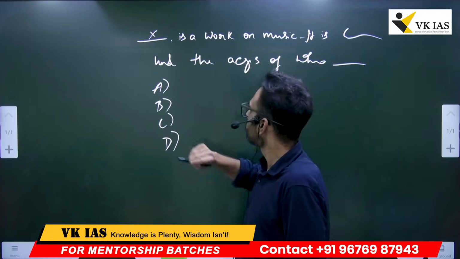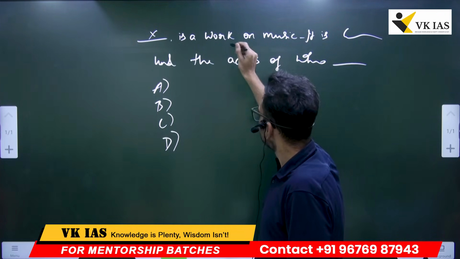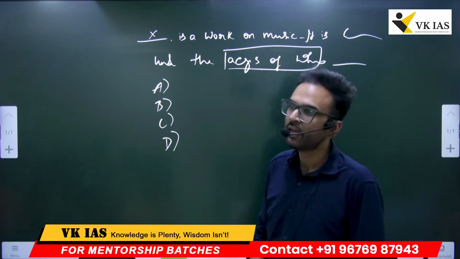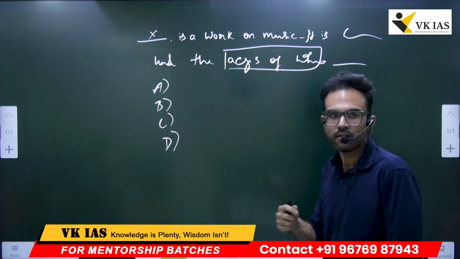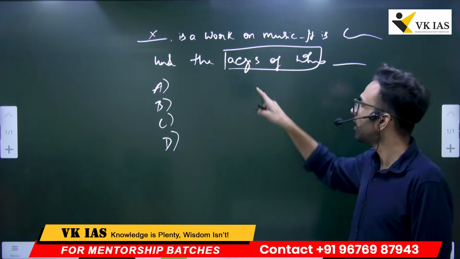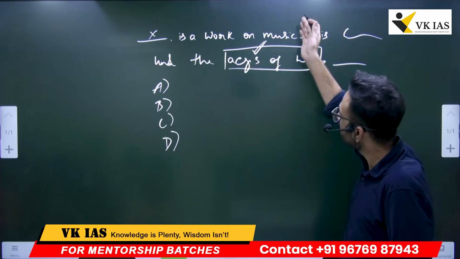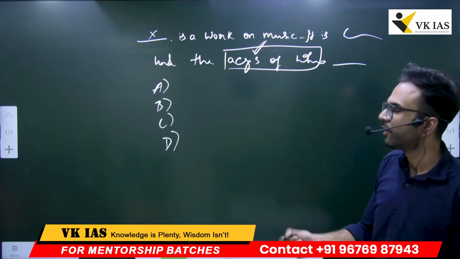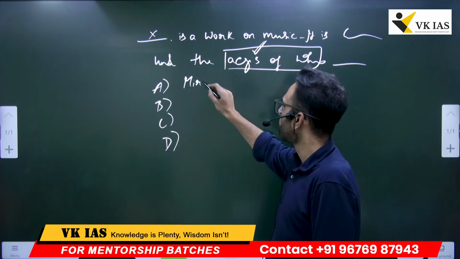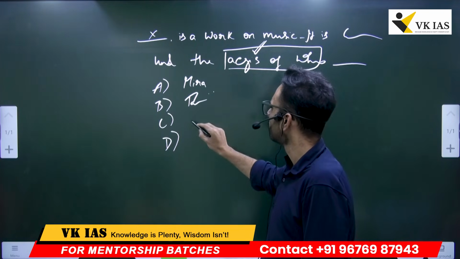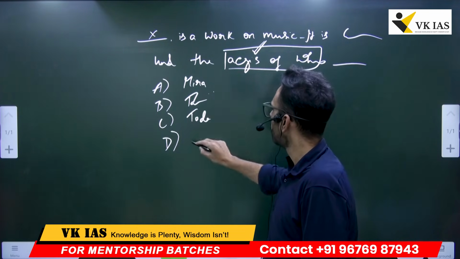Clear? Now, in this question, it is a question on history, and the keyword, if I were approaching this question, I would be focusing on this. It is a work commissioned under the aegis of which of the following? Then you have options like Mirabai, Tansen, Raja Todarmal, and Raja Mansingh.